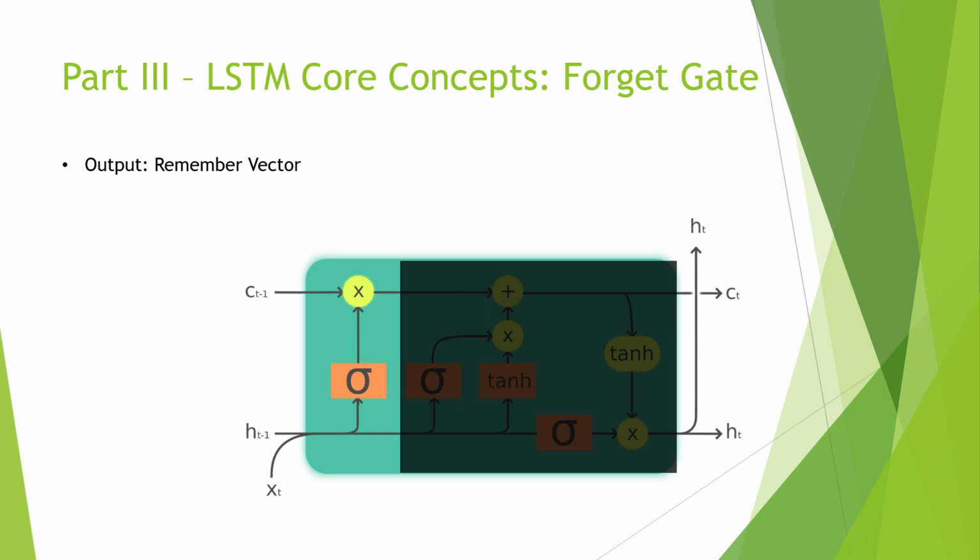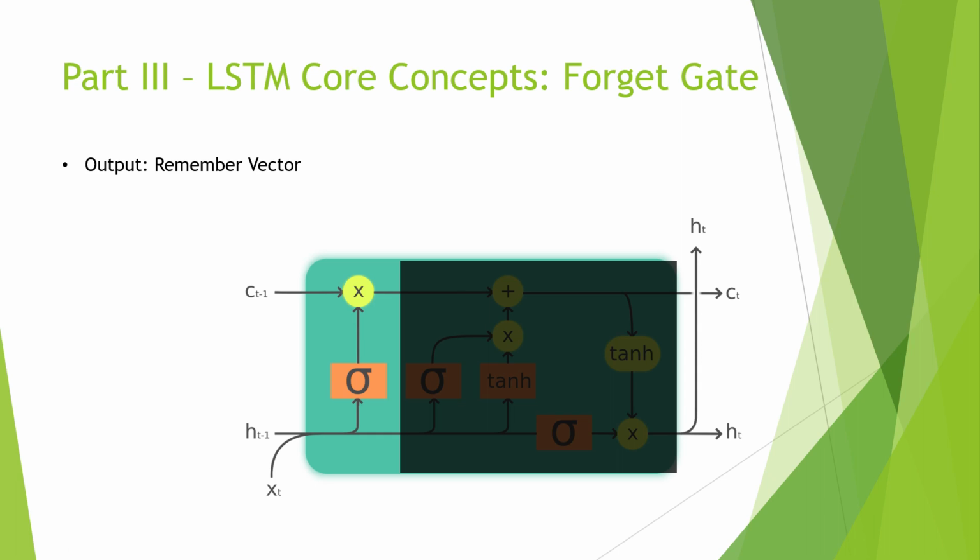If we follow the flow of the forget gate, we see in the bottom left that the previous hidden state, which is ht minus 1, and the current input, which is xt, those both get combined and then processed by a sigmoid function. And the result of that sigmoid function is going to be a vector of values between 0 and 1. 0 would mean drop the information, 1 would mean keep the information.